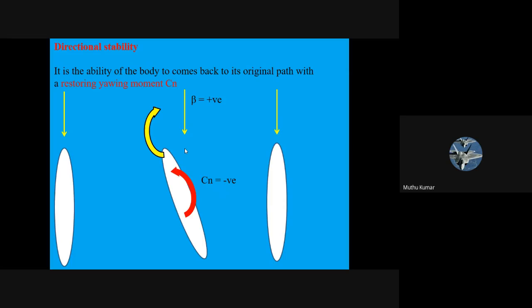The situation is stable for a moment created for a sideslip angle. If the moment came out to be a negative value, for stability I should produce a positive moment, so that it becomes stable. So let me do it once more. My aircraft coming straight, airflow coming straight.